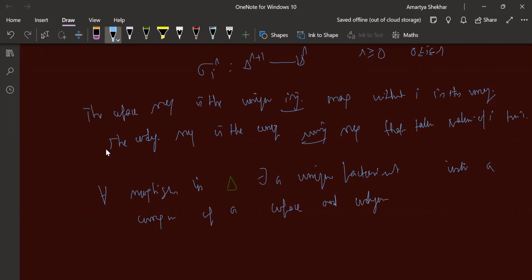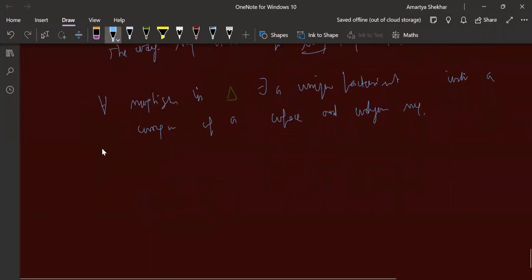Again, let me fix my notation for the face and the degeneracy maps. This is my notation. In case you're wondering, I'm using Szyszynski's notation, the notation that you find in Szyszynski.